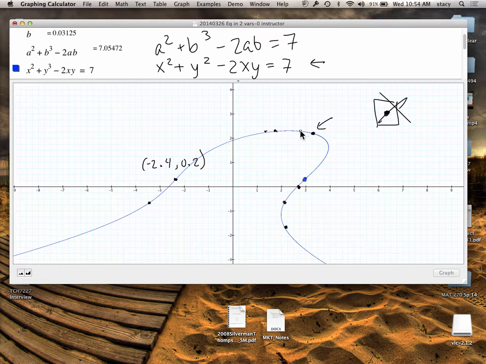There's more than one output for that input. If you're thinking about x's as the inputs and y's as the outputs, right? So I'm not talking about output in terms of the output of a function right now. I'm just using that word to refer to y coordinates, okay? So this is not a representation of a functional relationship between x and y, okay?